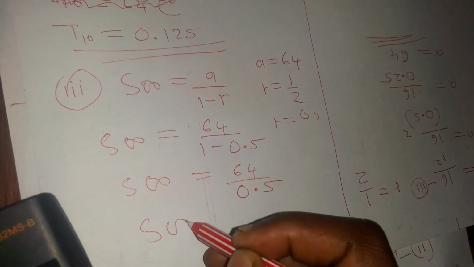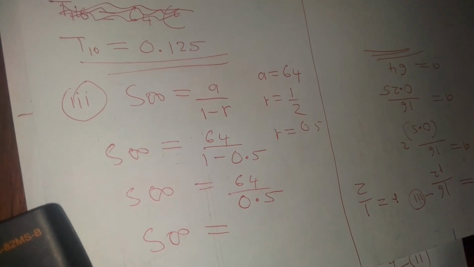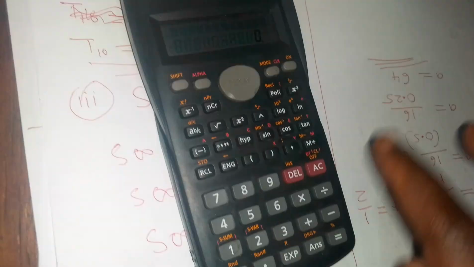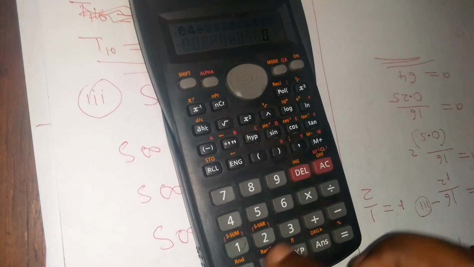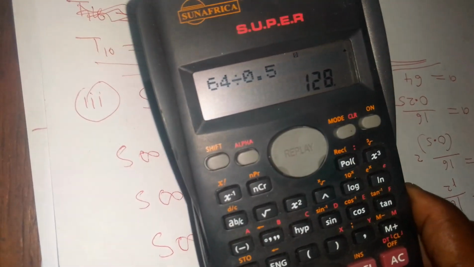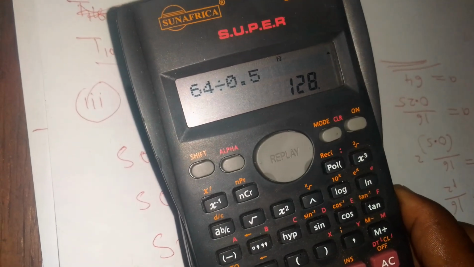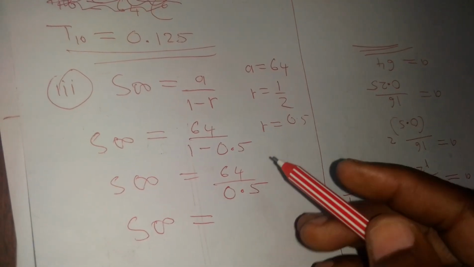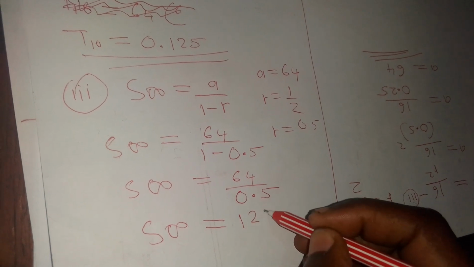Then we divide 64 by 0.5, and you get 128. So the answer, sum to infinity, is 128.